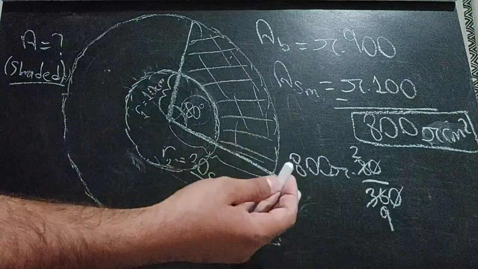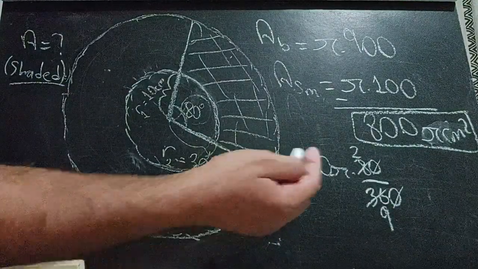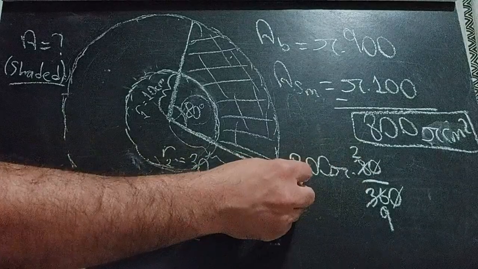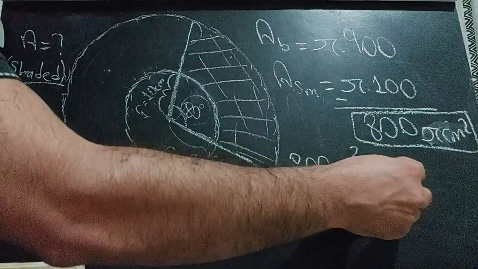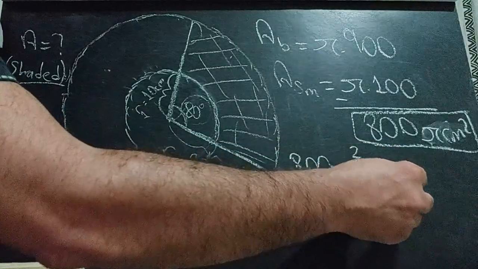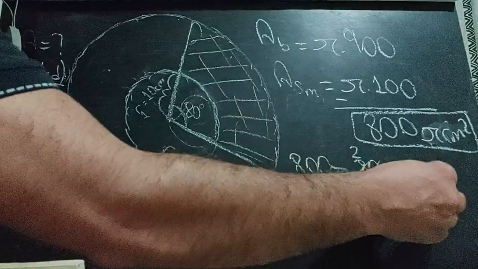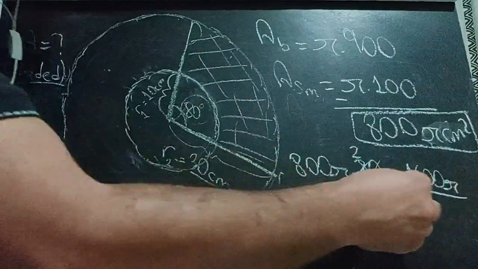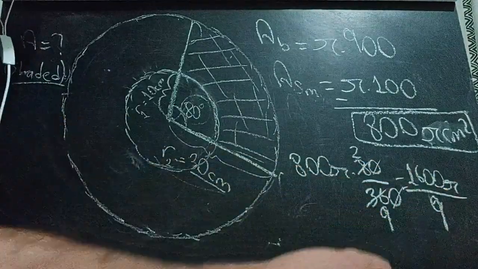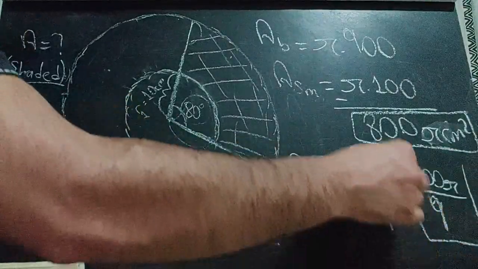Can I simplify more now? No. So 800 times 2 is going to be 1600 pi over 9. That will be your final answer.